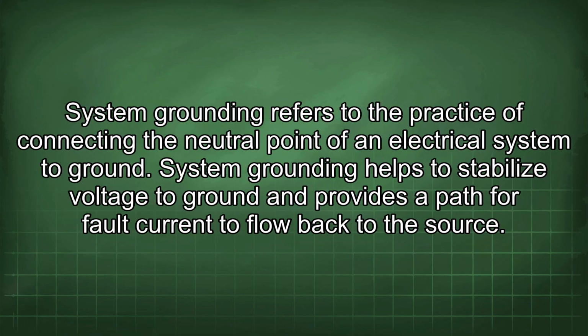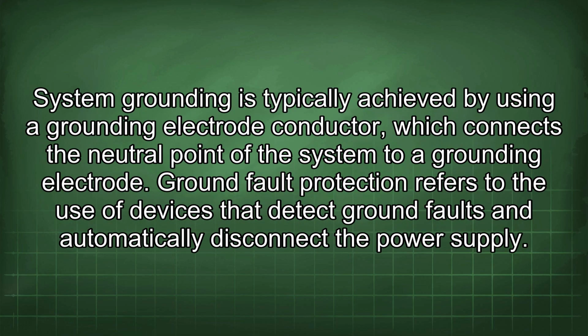System grounding refers to the practice of connecting the neutral point of an electrical system to ground. System grounding helps to stabilize voltage to ground and provides a path for fault current to flow back to the source. System grounding is typically achieved by using a grounding electrode conductor, which connects the neutral point of the system to a grounding electrode.